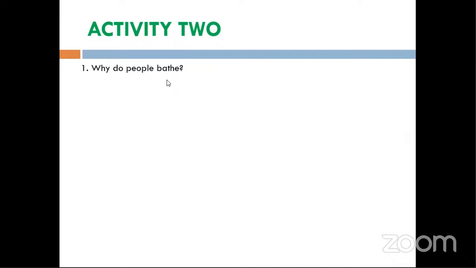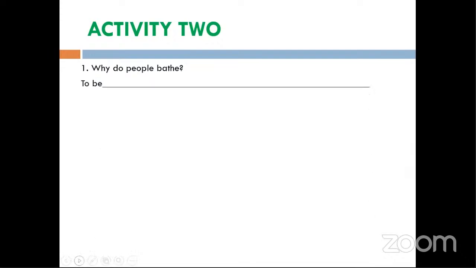But you can also say to be healthy, to prevent diseases. To avoid germs, to avoid bad smell, to look smart, to prevent diseases, and to be healthy. So those are the reasons why people bathe.